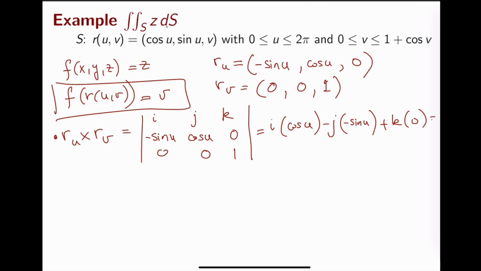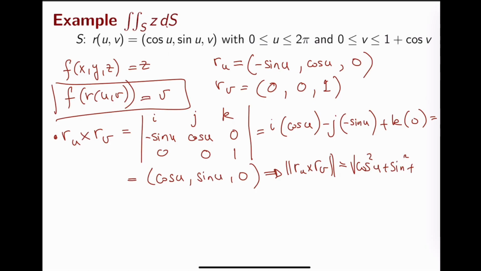So the vector whose magnitude we need to calculate is the vector cosine of u, and here minus minus is plus, sine of u, 0. Then the magnitude of this vector is the square root of cosine squared plus sine squared plus 0, which is the square root of 1 plus 0, the root of 1, which is 1.